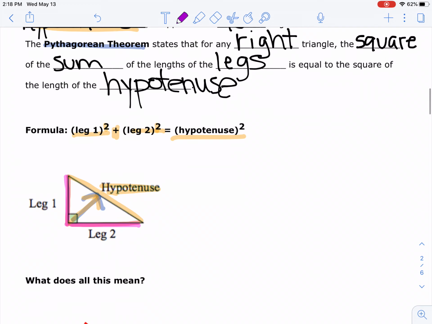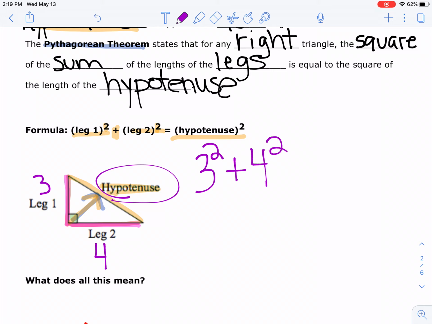So that means if I say that leg 2 is 4 and leg 1 is 3, because 1 looks a little shorter, and I want to find the hypotenuse, I would take leg 1 squared plus leg 2 squared, and that's going to equal the hypotenuse squared.